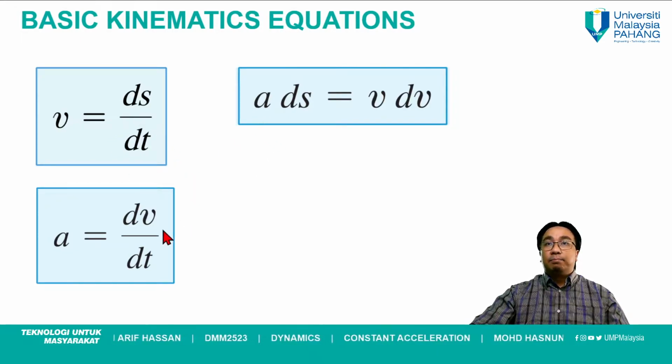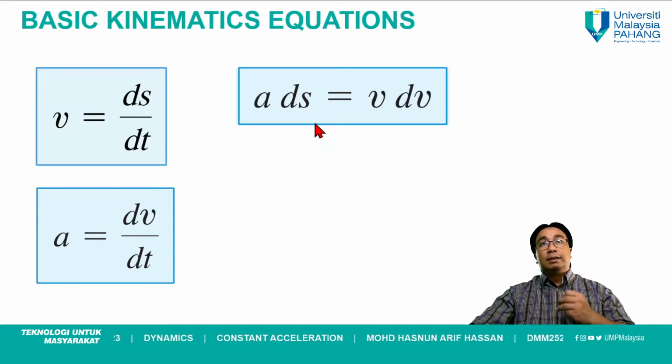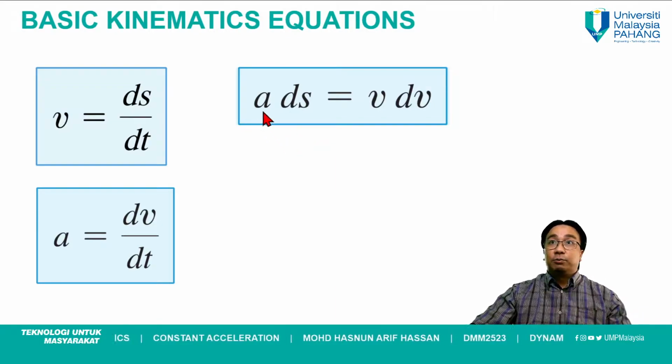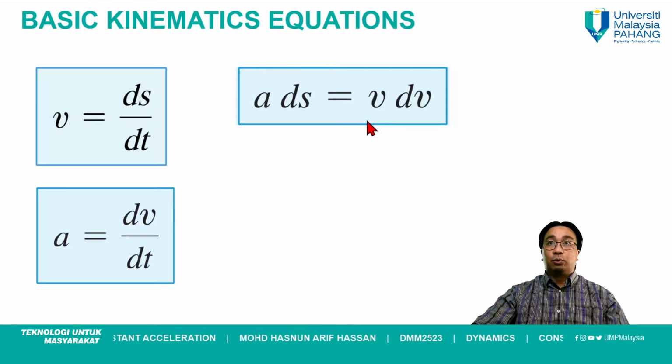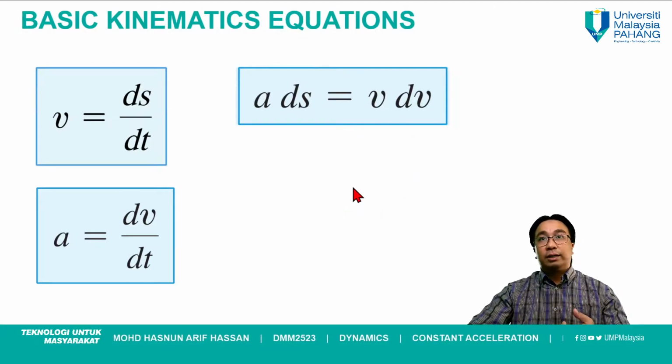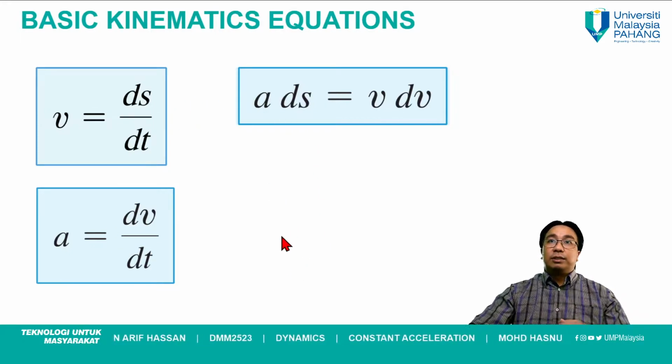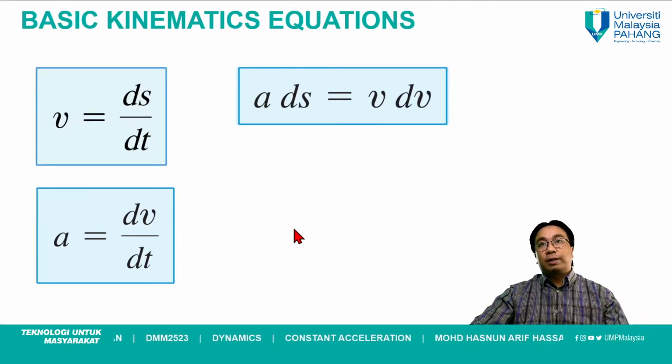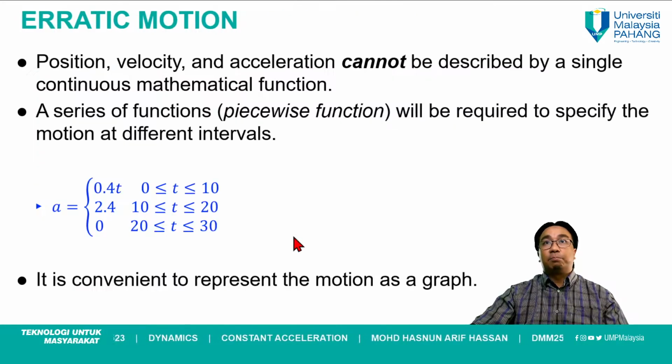Then by rearranging these two equations, we get the third basic kinematic equation, which is a ds equals v dv. We will use these three equations to solve problems in this particular subtopic.